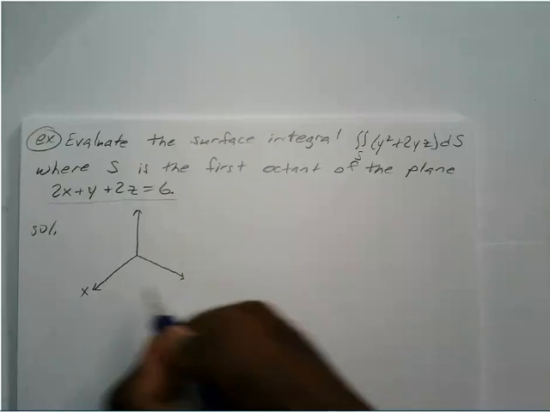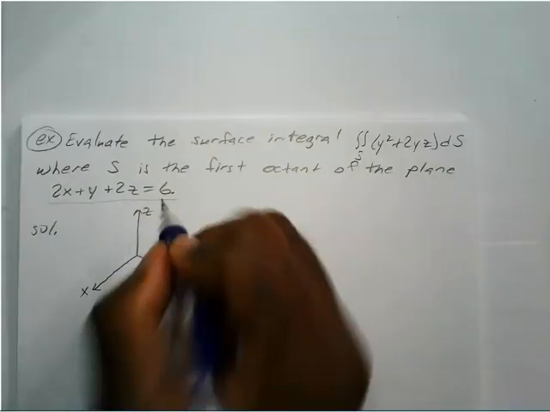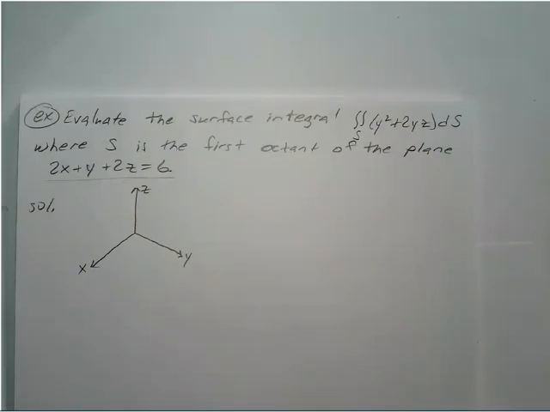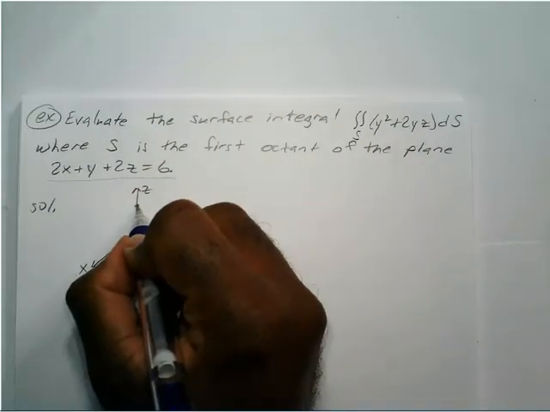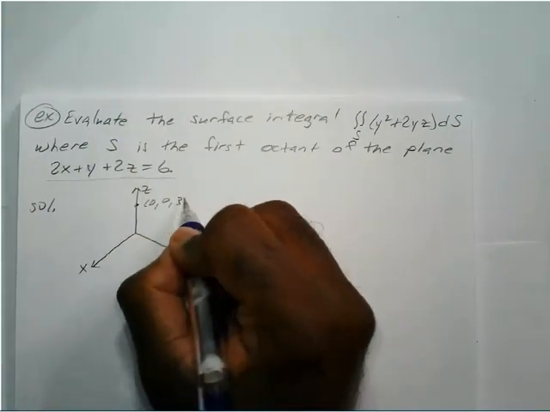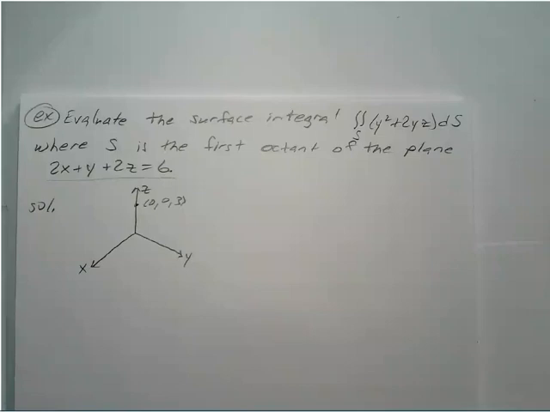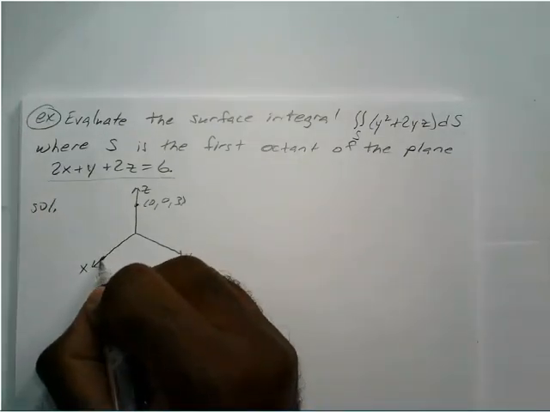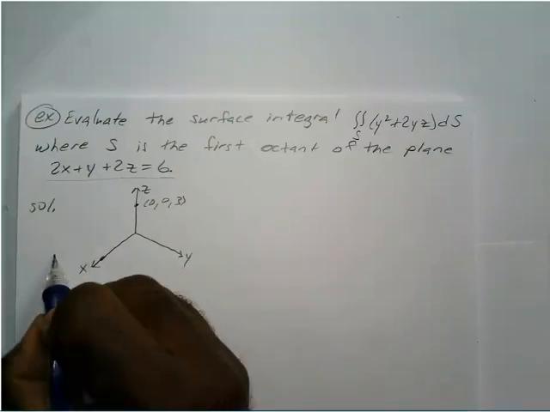Okay, so we have our x, our y, and our z. If we made x and y equal 0, we'd end up with the point 0, 0, 3. If we made y and z equal 0, we'd end up at the point 3, 0, 0.